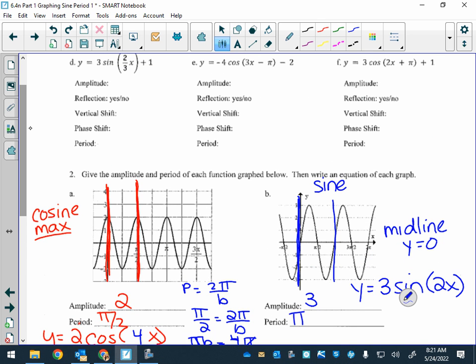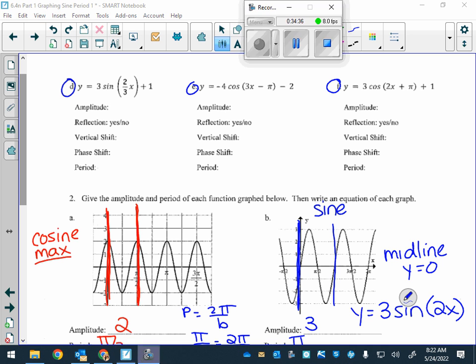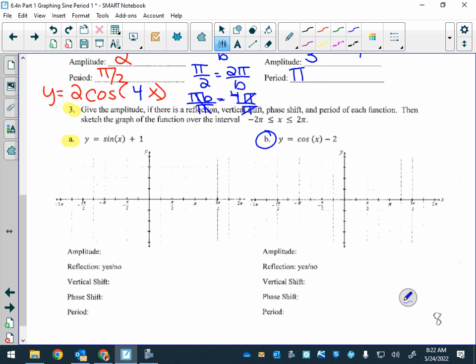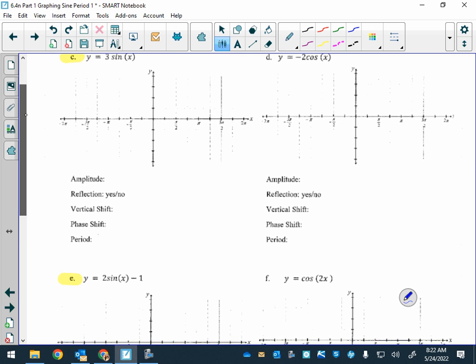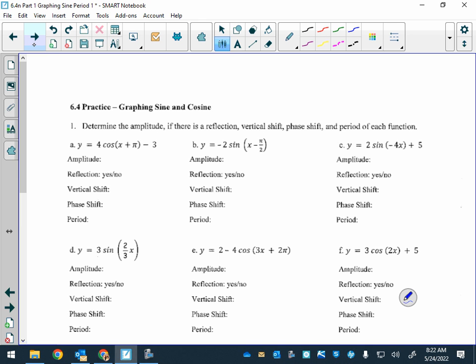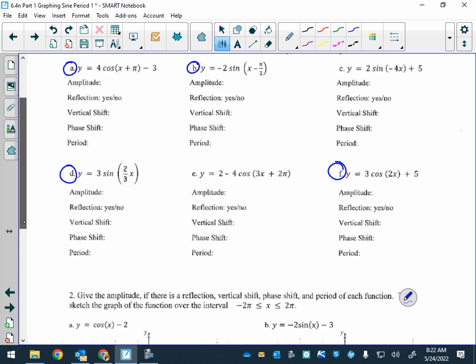On page 8, we're going to circle all together, so there's no D, E, and F. You already did 3A, now 3B on page 8, and then on page 9, D and F. On page 10, just the more practice, the better: 1A, B, D, and F, and then 2A and B.